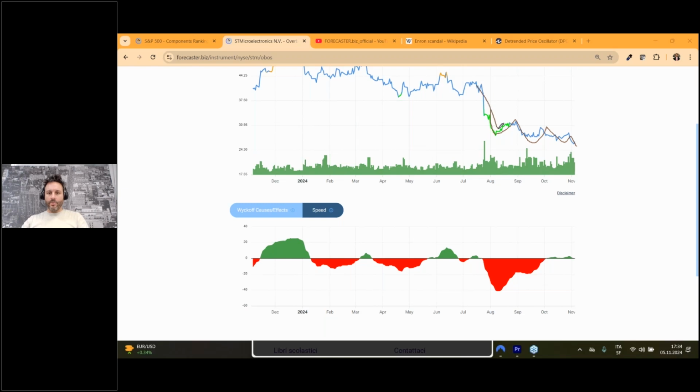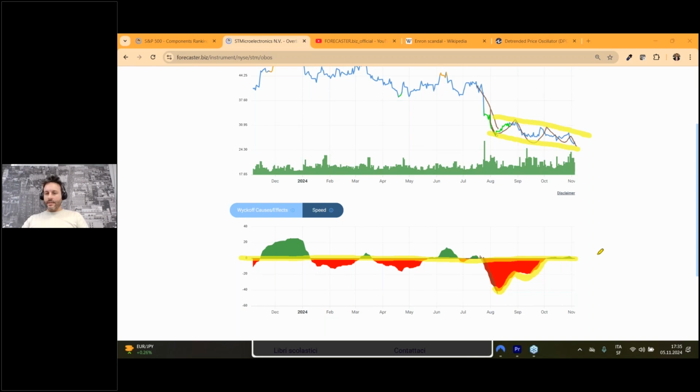The prices dropped and we also had a drop in the indicator. But later, when the prices started a bearish trend, look what happened to the speed of the prices. They started to decline. The speed of this movement started to decline and the indicator turned back to the zero line. Okay?